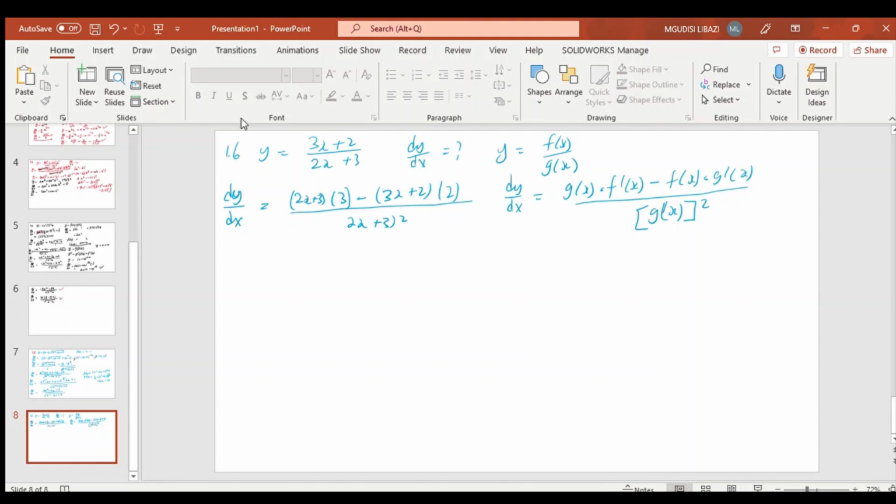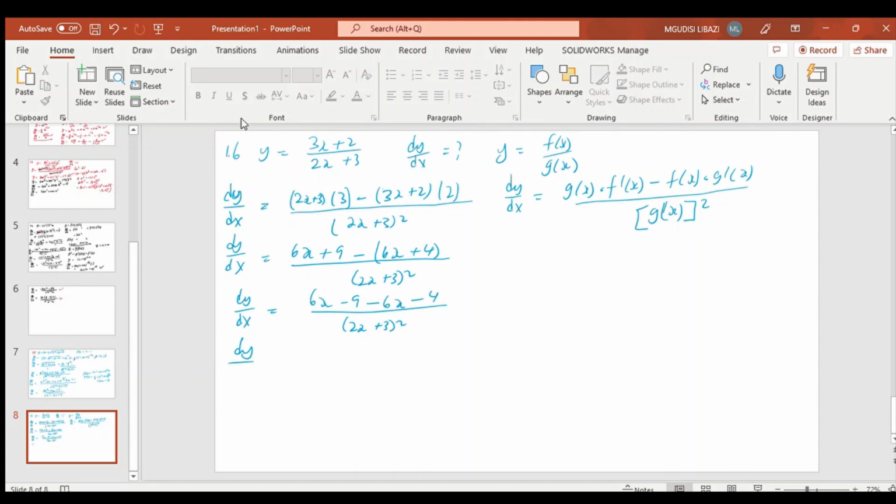Then we have 2x plus 3 all squared. Multiplying out, we get 3 times 2x, which is 6x, 3 times 3, which is 9, minus 2 times 3x, which is 6x, and 2 times 2 which is 4, all divided by 2x plus 3 all squared.